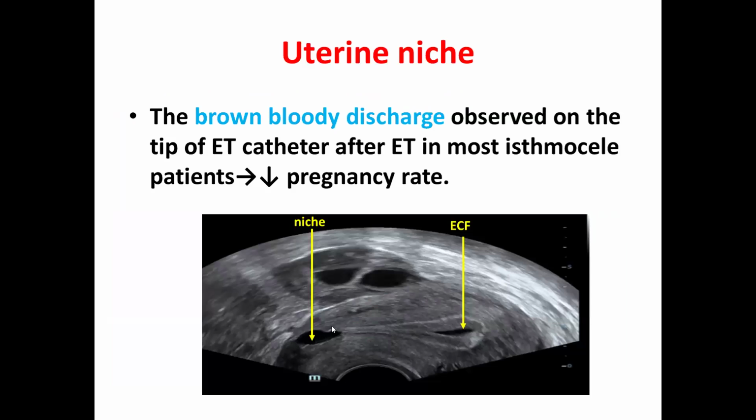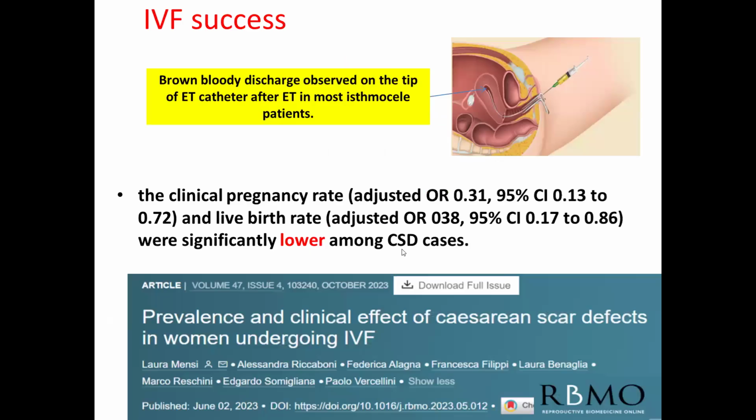In cases of uterine niche, you can see this defect at the site of cesarean section, but usually you see endometrial cavity fluid, which is explained by retrograde spread of the fluid accumulated in this niche to the endometrial cavity. And this is the cause of brownish discharge on the tip of the embryo transfer catheter after embryo transfer in such cases, and this contributes to decreased pregnancy rate.